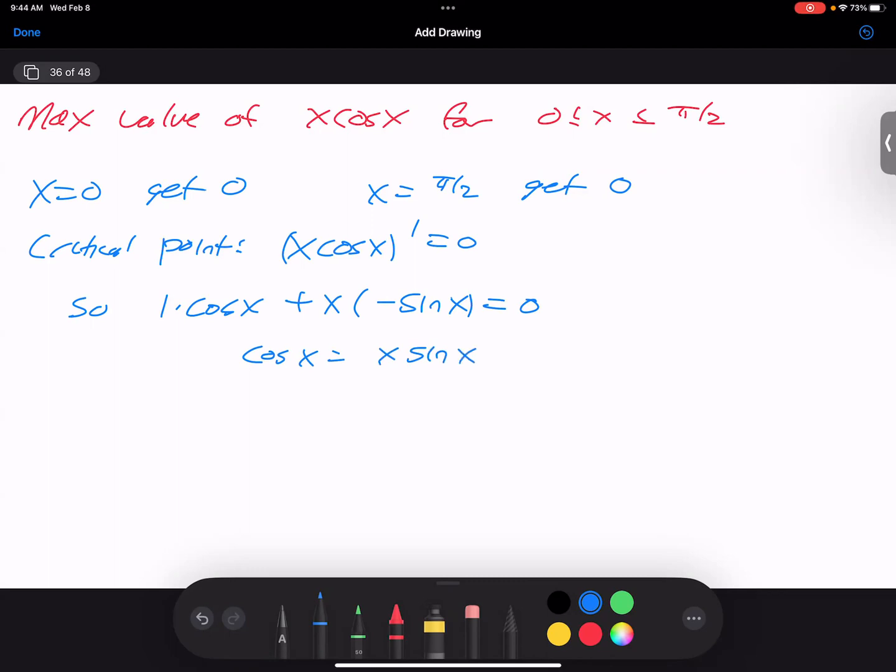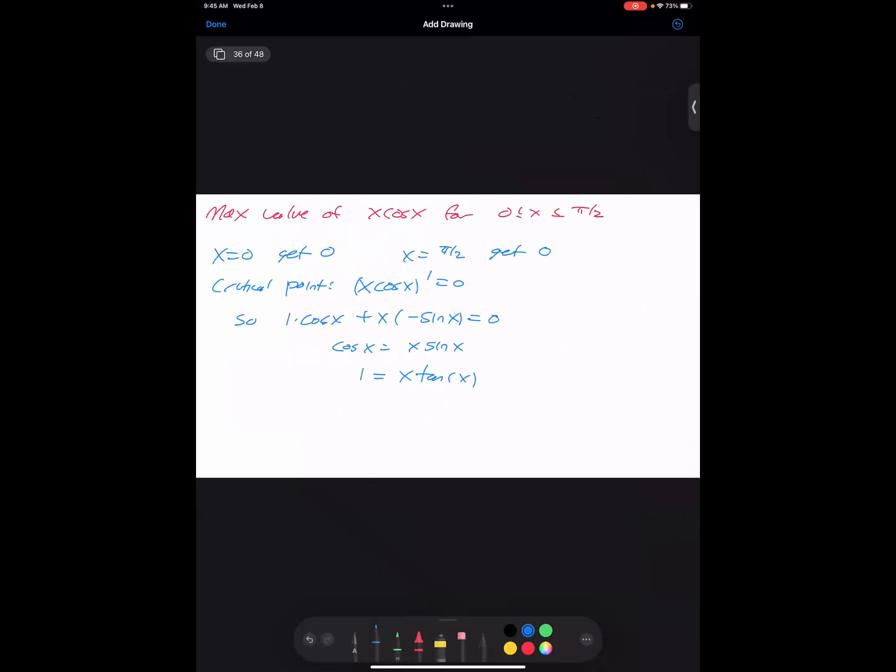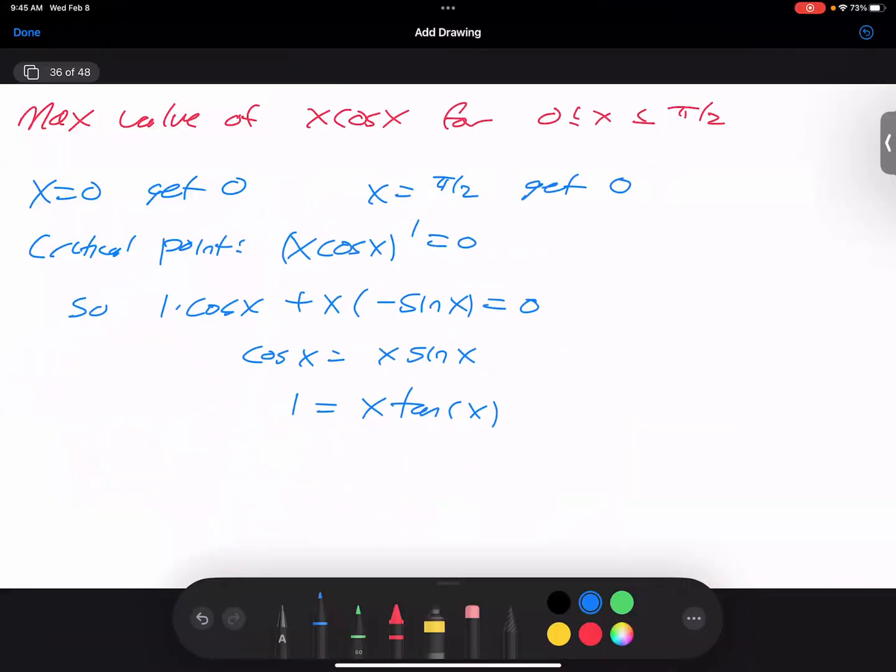So now we get 1 equals x tangent x. So we need to solve for that. The whole point of this is to show you that even with simple functions, we can quickly come up with hard problems to solve.